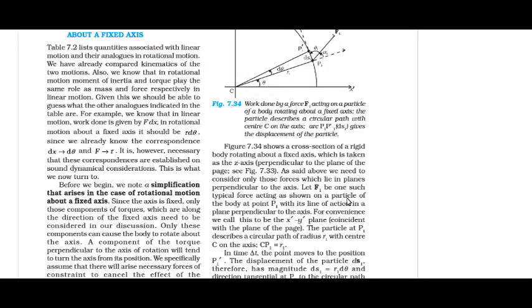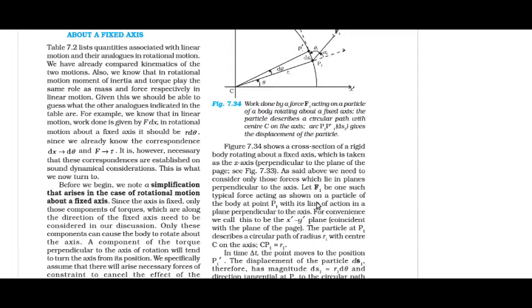Let F1 be one such typical force acting on a particle of the body at point P1, with its line of action in the plane perpendicular to the axis. For convenience, we take this to be the x' y' plane, coincident with the plane of the page.